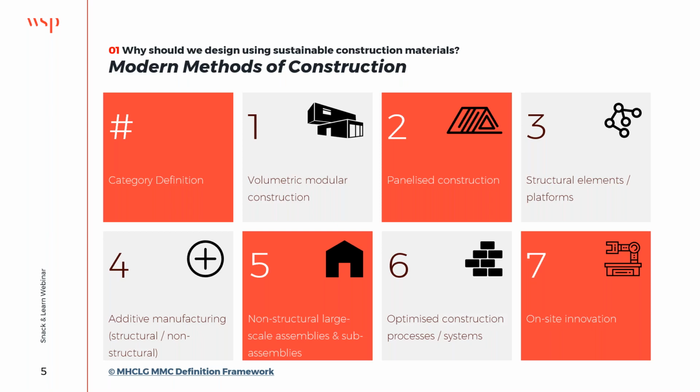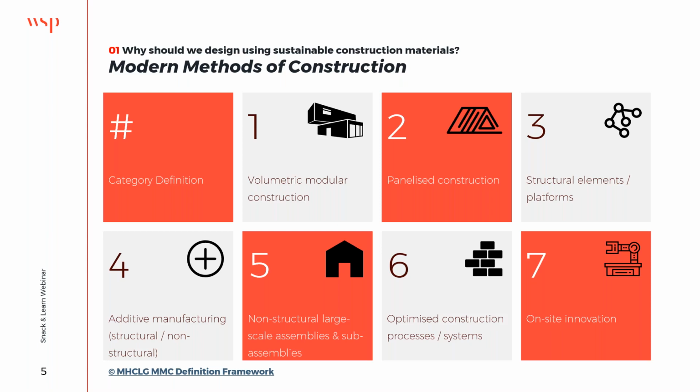Panelized construction: precast concrete, timber SIPS panels, cross-laminated timber walls, LVL walls and slabs. 3 being, like I said, structural steel elements, pre-manufactured off-site, brought to site and erected. Also Glulam elements in beams and columns.